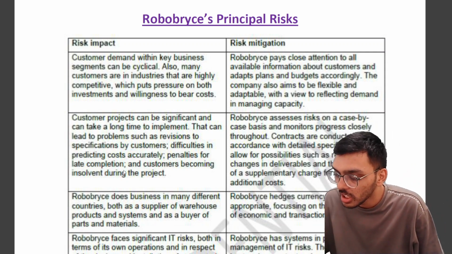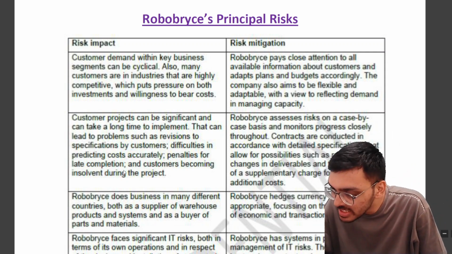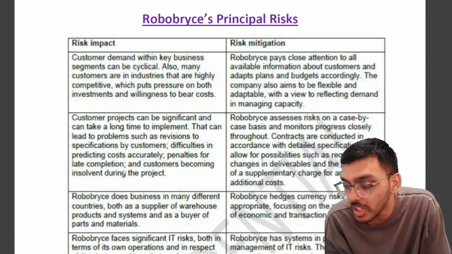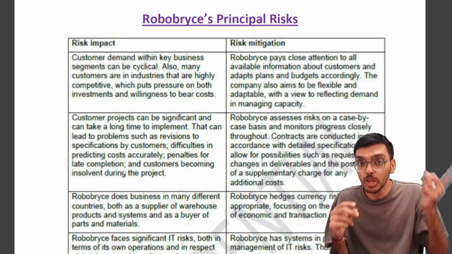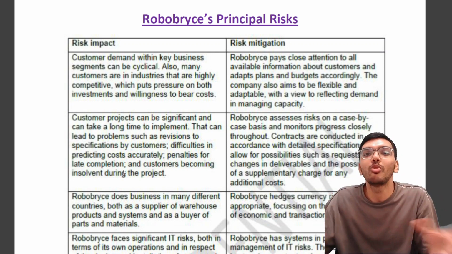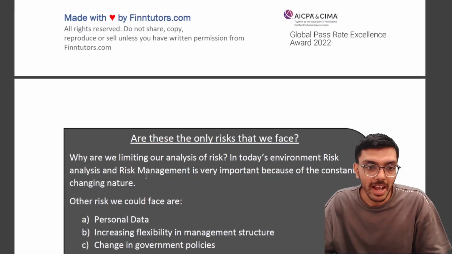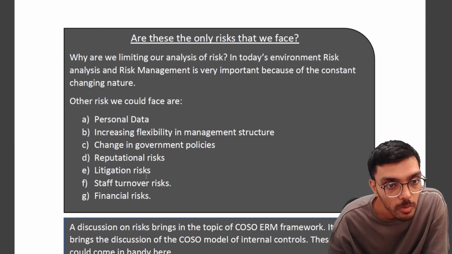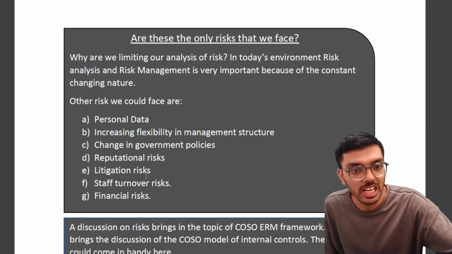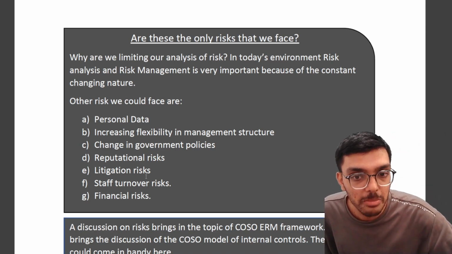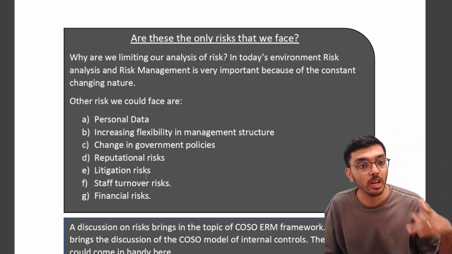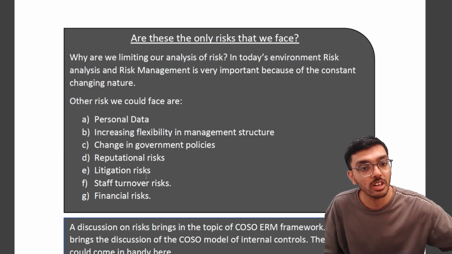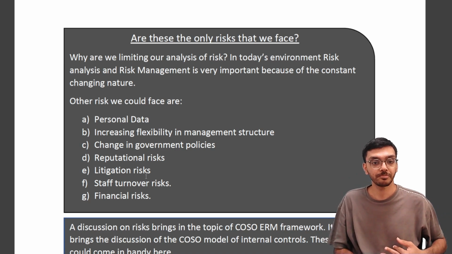But guess what? If you have been preparing a list from the beginning of major risks that my company faces, which I told you to, you will see that they overlap. But my question is, are these the only risks we face? No. There are many other risks such as personal data risk, increasing flexibility in management structure, change in government policies, political risk, reputation risk, litigation risk, staff turnover risk, financial risks.